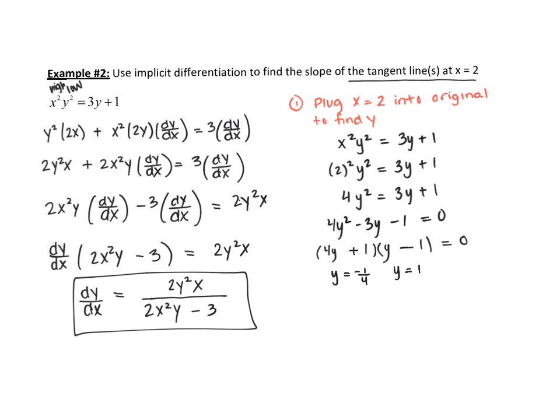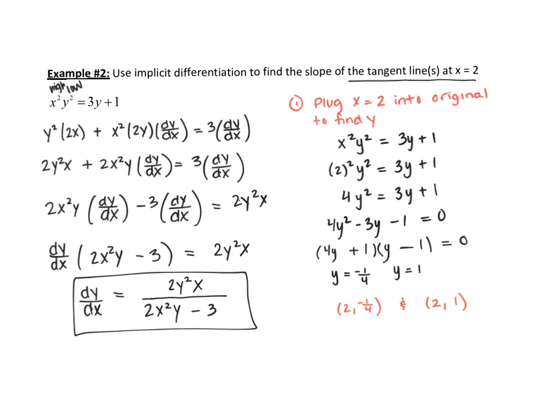So what happened in this scenario is that we actually have two different y values. So when x is 2, y is negative 1/4, and when x is 2, y could also be 1. So that means that this thing is a curve, x squared y squared. So this x value of 2 could share two different y values.